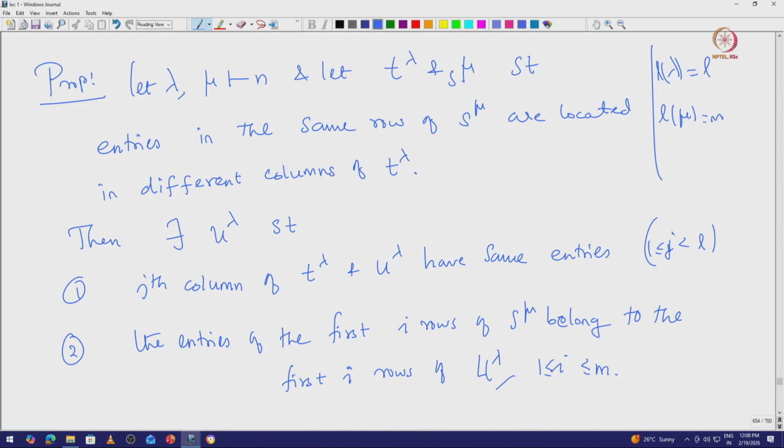And this can be obtained by using induction, like the way I told.